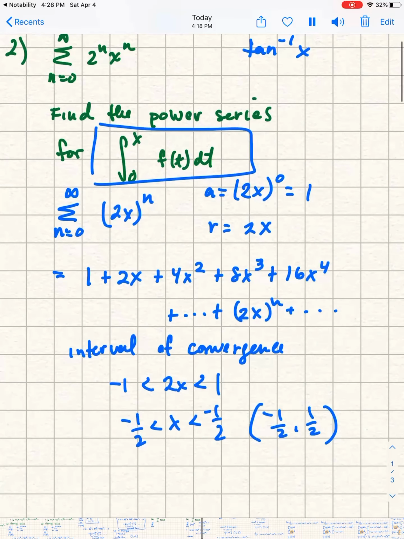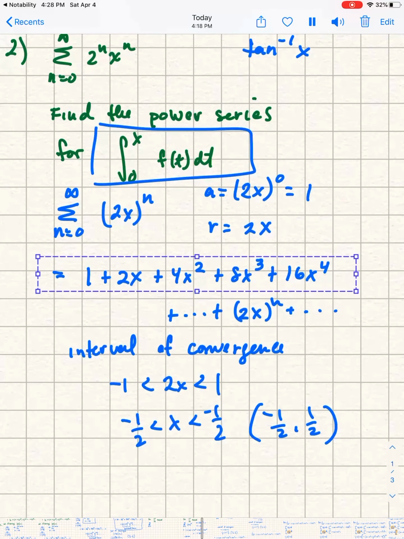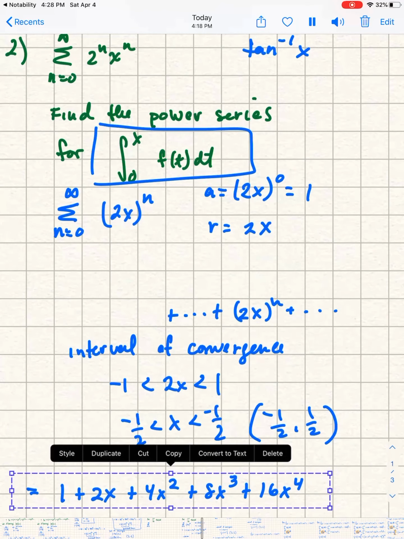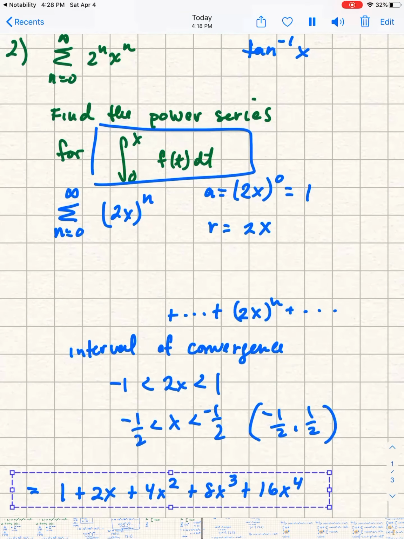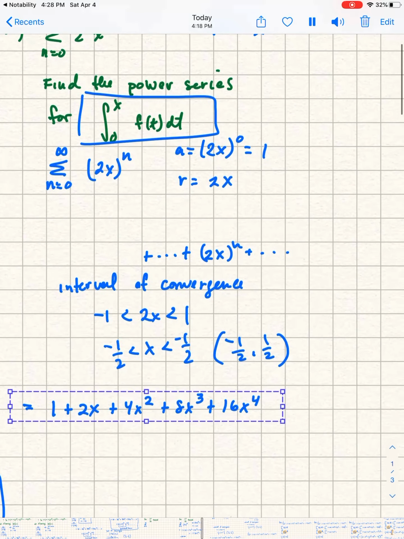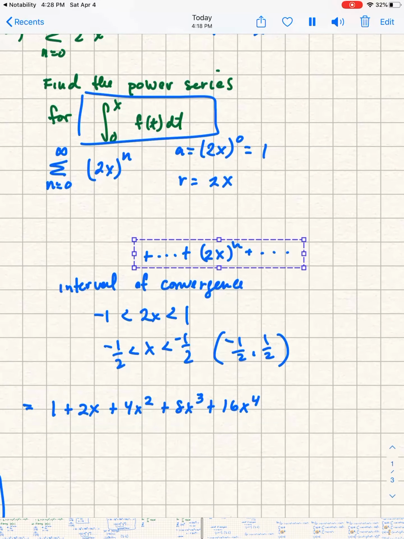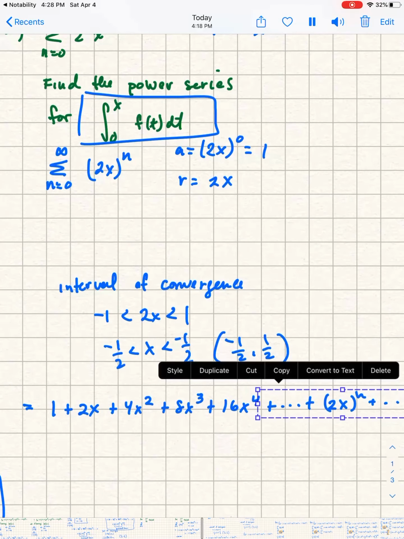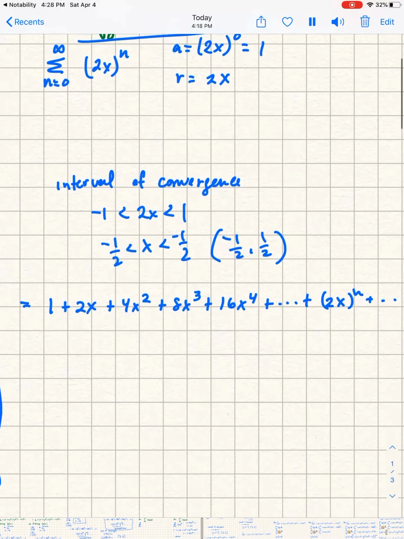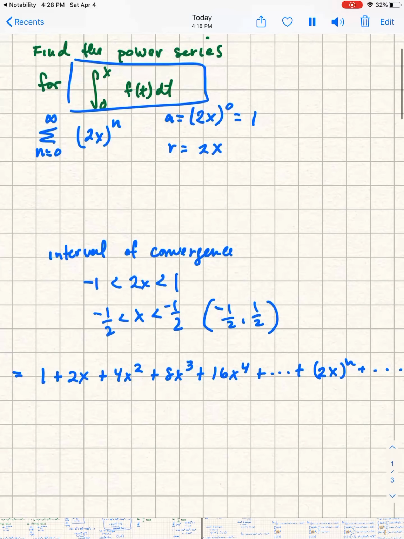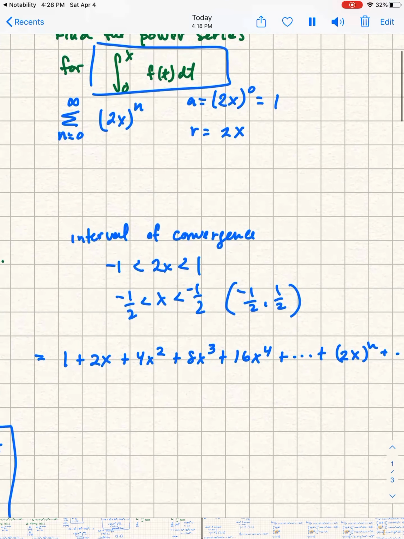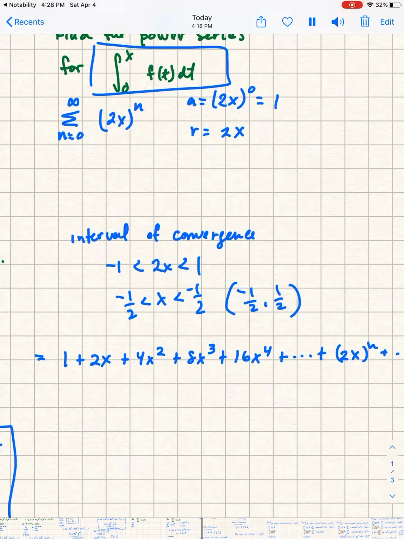So what I want to do is, let's take this, move it down. If this is our function that we're looking at, let me just show you something real quick.